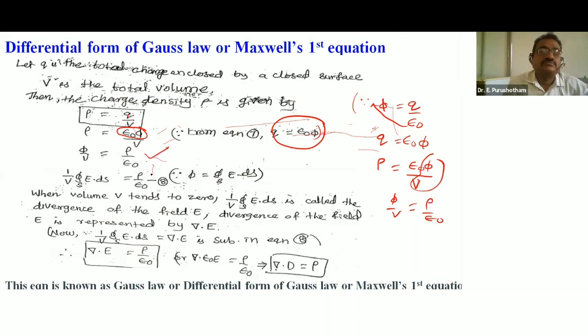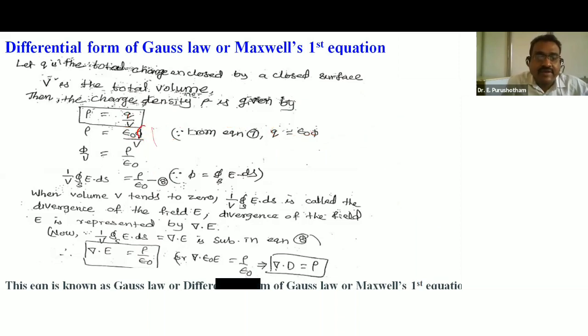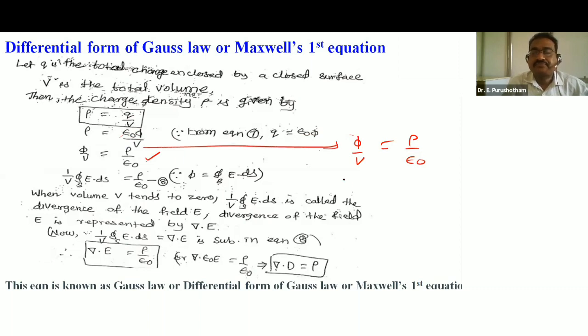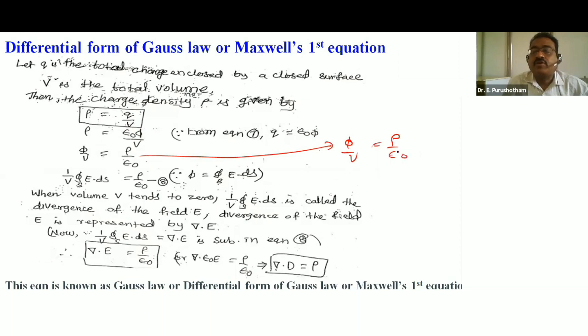You can observe here, in this formula, phi by V is equal to rho by epsilon naught, as it is. We can also write it as 1 by V into phi is equal to rho by epsilon naught.